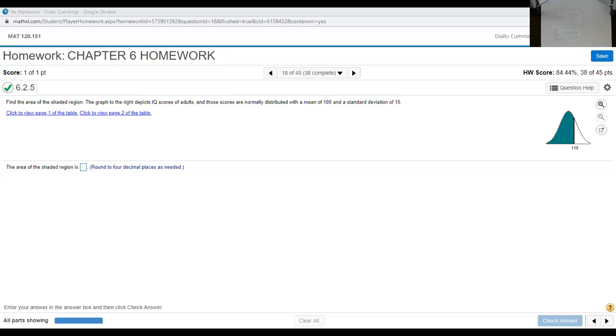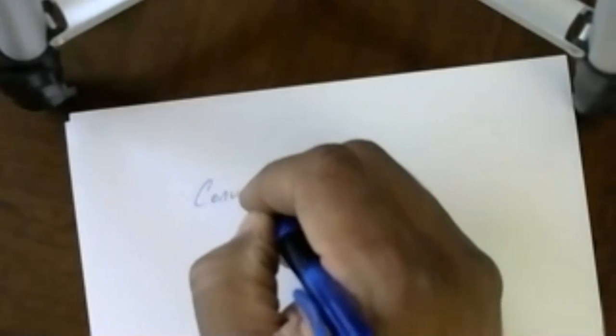So to see how that's done, I'm going to return to the document camera. So we were given a value of 100. So this is to convert to a z-score.